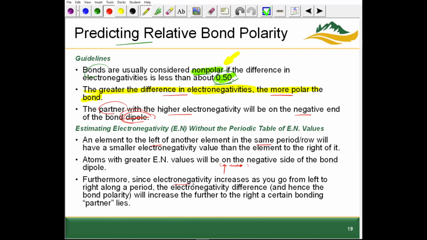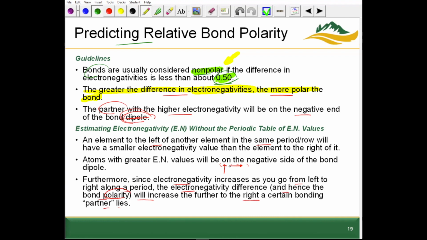And since electronegativity increases as we go from left to right along a period, the electronegativity difference, and hence the bond polarity, how polar is that bond, will increase the further to the right a certain bonding partner lies.